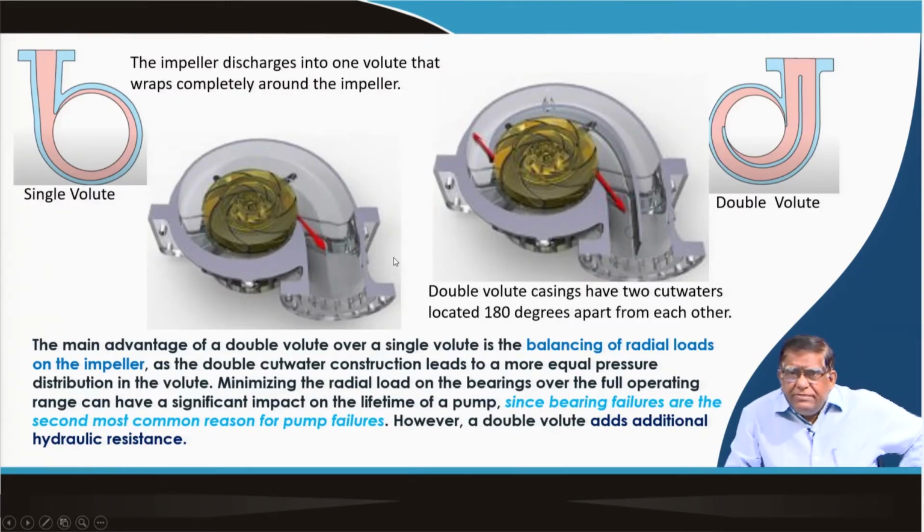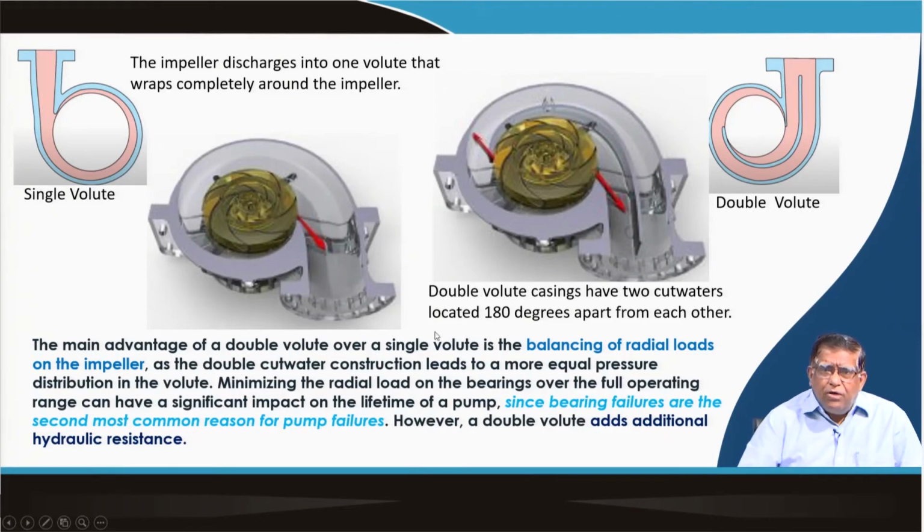So, the casing, which we say is the volute casing in a pump, can be of two types. One can be a single volute type, as you can see here, or it can be a double volute type. In a single volute, the water takes a total turn, and then at only one point it is discharging, to this point, which is at a little bit higher diameter.